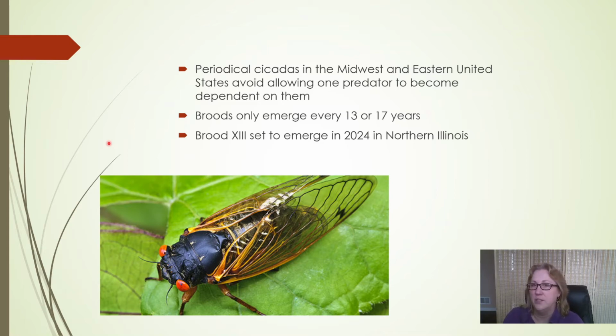Most likely when individuals from a particular brood don't emerge in the right year, they just get eaten. They don't reproduce. So that helps maintain this periodicity. Because cicadas are very tasty, apparently, as my dogs will attest, they love to eat them when they find them. They're not toxic, they're not bitter like a lot of insects.